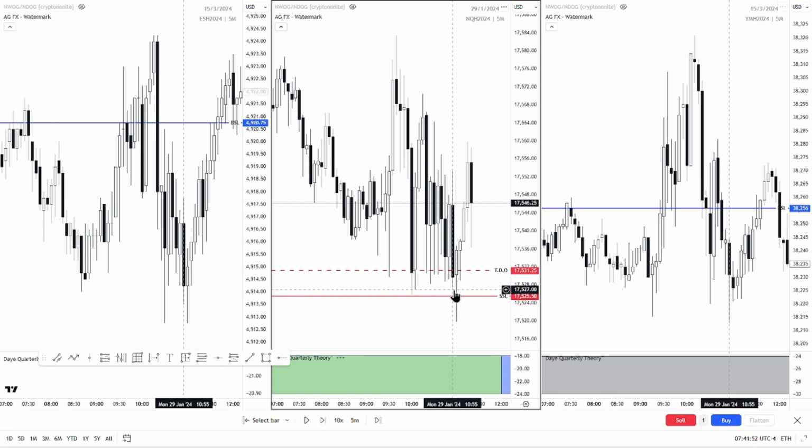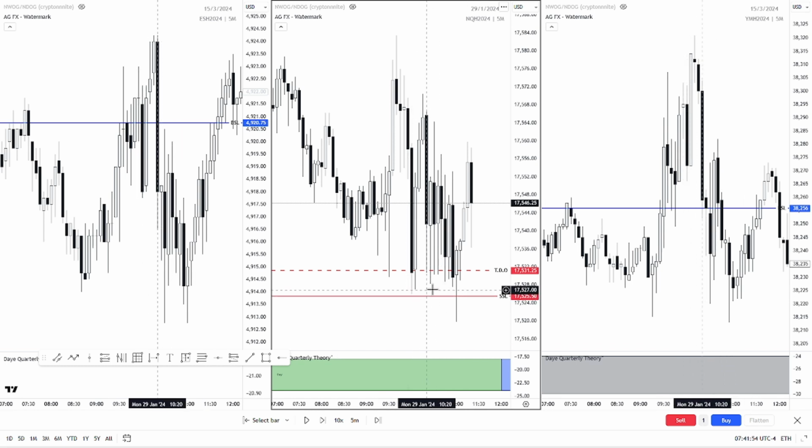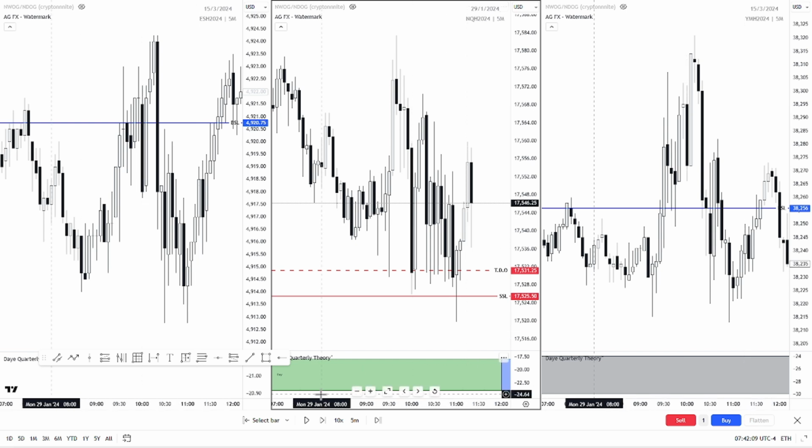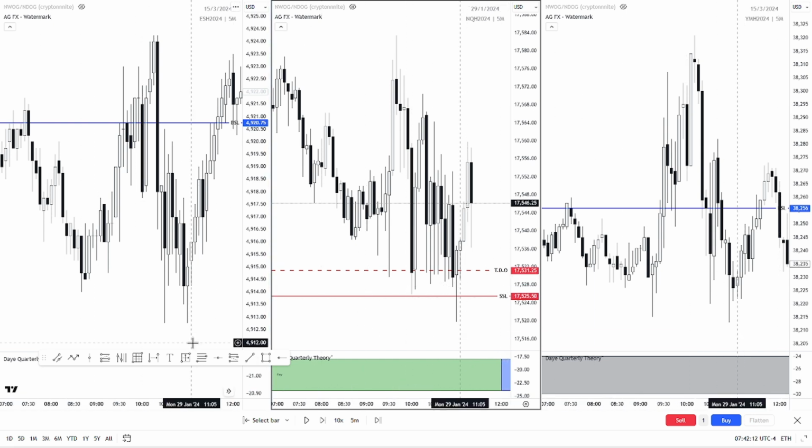Over here you can see that we have taken out this low right here, and then we broke above this level right here, making this area a breaker, right? So you would enter at the fair value gap that is inside of the breaker, and your stop loss below the breaker.